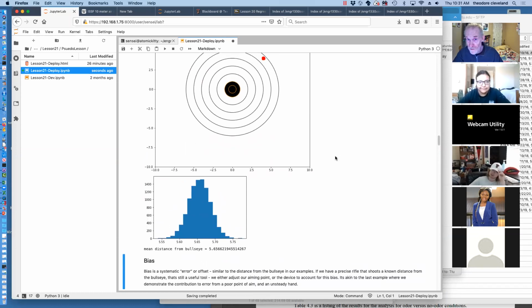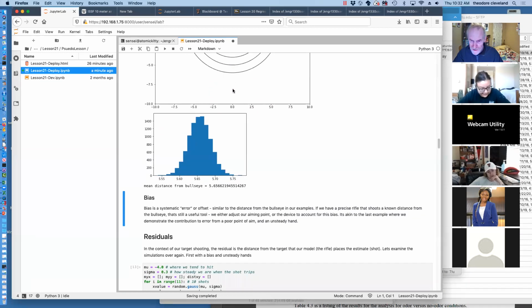Actually, what you want to do is convince someone, oh man, you got a lousy rifle. Why don't you let me take that piece of junk off your hands? Because I can take it home and adjust the sights to correct for the bias, which is this distance from the group of estimates to the bullseye.